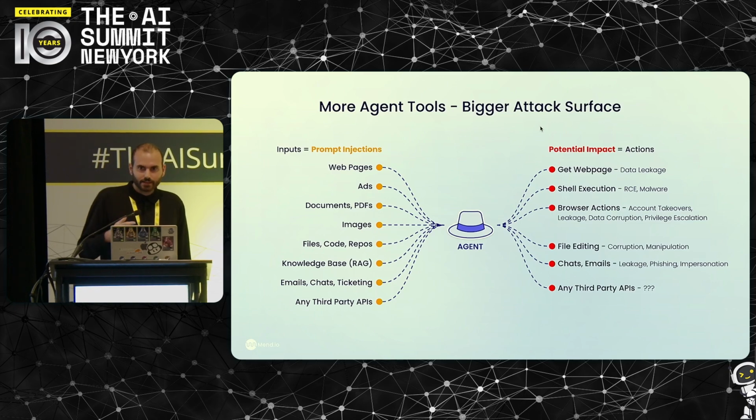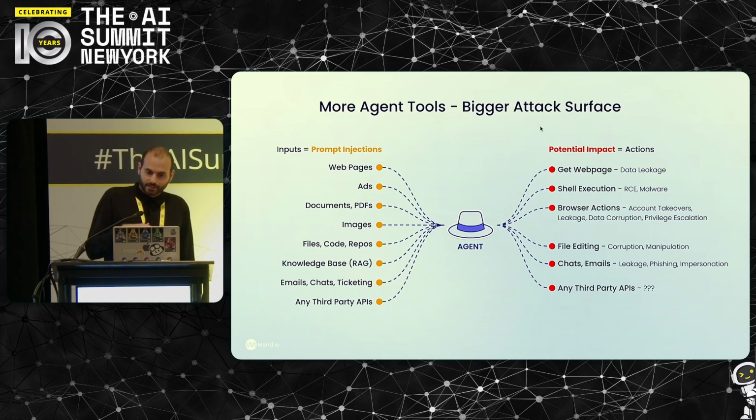And the attack surface becomes bigger the more tools we add. Right? The moment we add a tool for the agent to see images, the images can become a source for prompt injections. The moment we add a tool for the agent to read my emails, an email can convince the agent to do something bad. And the more tools it has, the more impact, right?